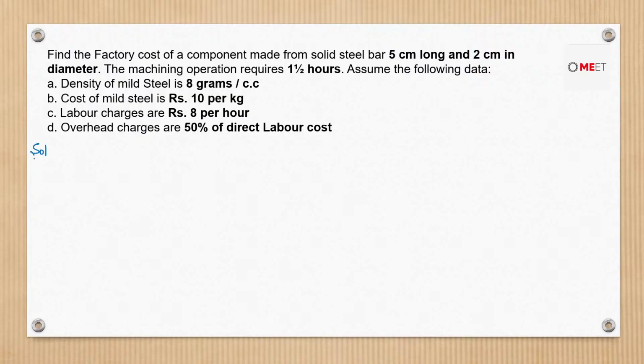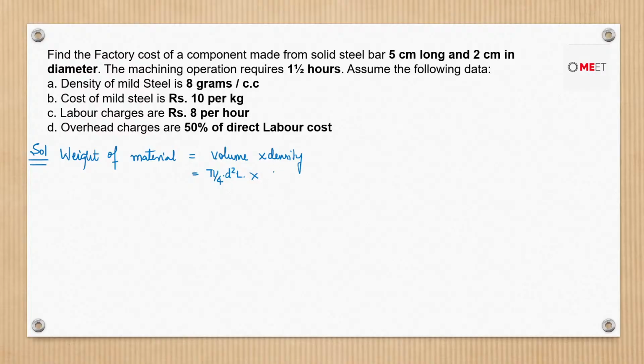First we need to compute the weight of material. Weight of material is equal to volume into density. Volume is pi by 4 d square into L and density is 8 as given.